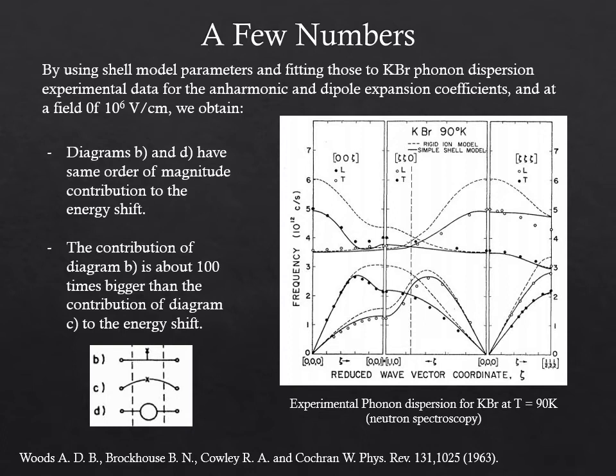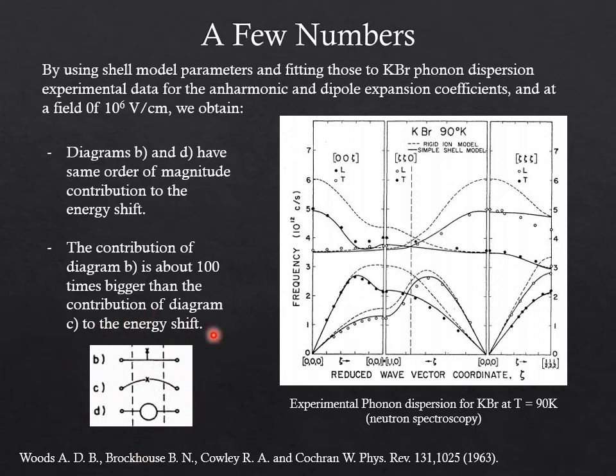And from that, he looked at how the energy shifted, the delta I've shown before, and we see that at this 90 K temperature, with an external field at 10 to the 6 volts per centimeter, the contribution from diagrams B and D here have the same order of magnitude in terms of the contribution to the shift. And this is an interesting thing because B is a delta 1 order diagram and D is a delta 2, right? It's a loop.